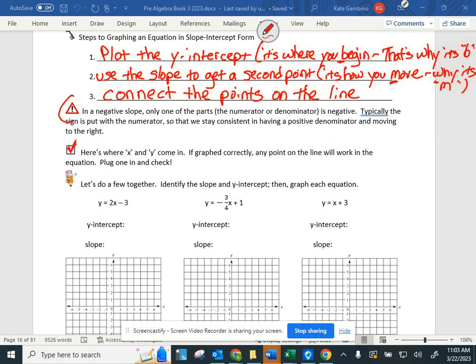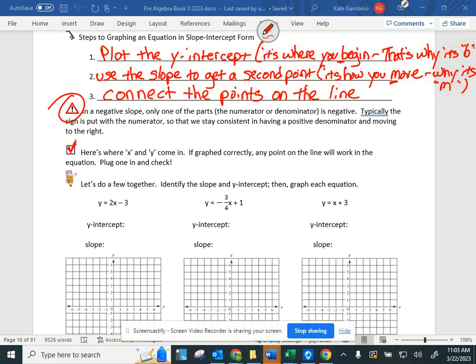Very important. In a negative slope, only one of the parts, the numerator or denominator, is negative. Typically, the sign is put with the numerator so that we stay consistent in having that positive denominator and moving to the right.